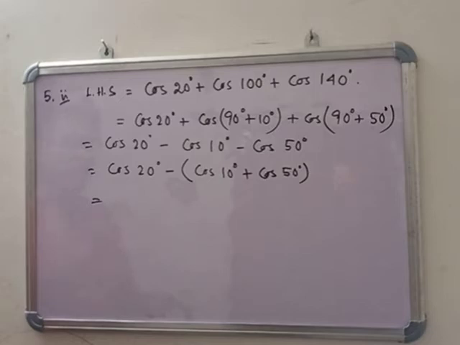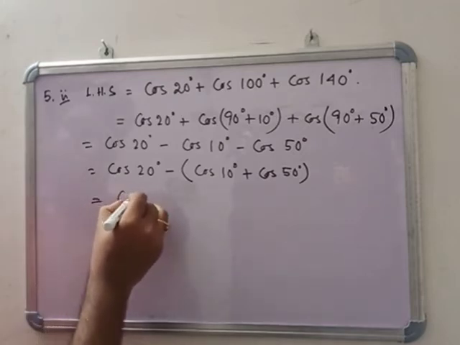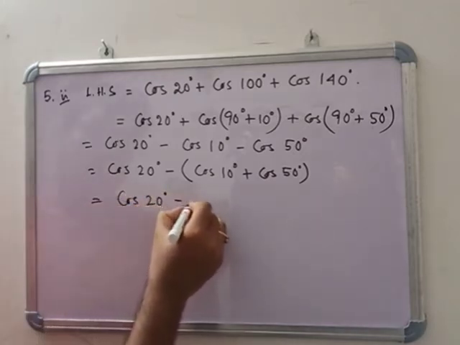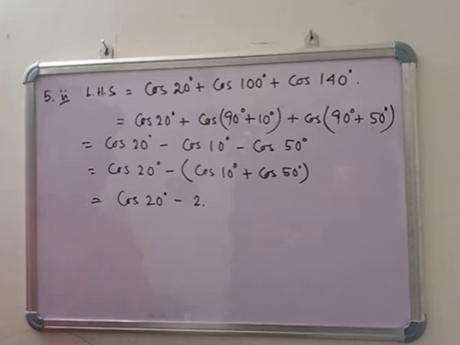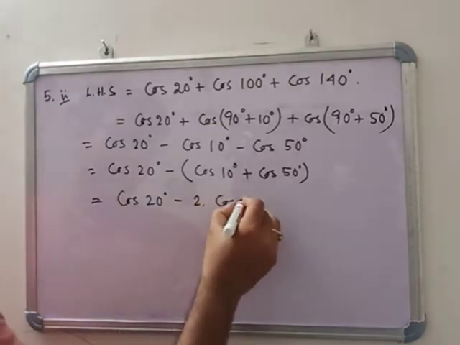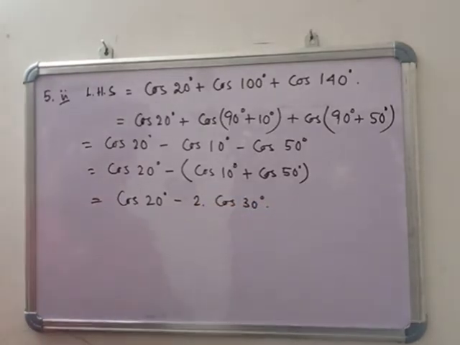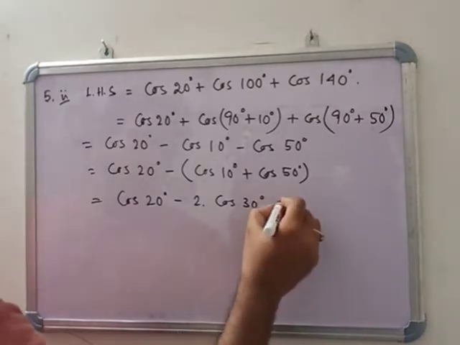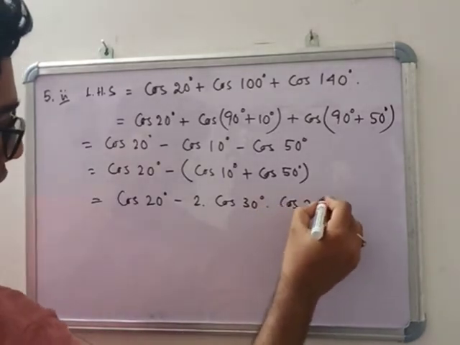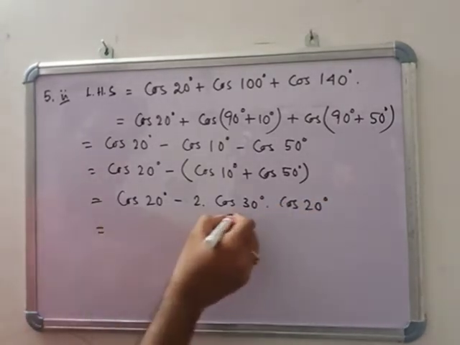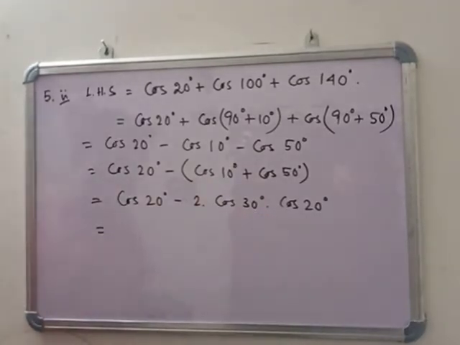So if you put the formula cos A plus cos B, then you can write cos 20 degree minus 2 into cos 30 degree into cos 20 degree. So cos 30 means root 3 by 2.